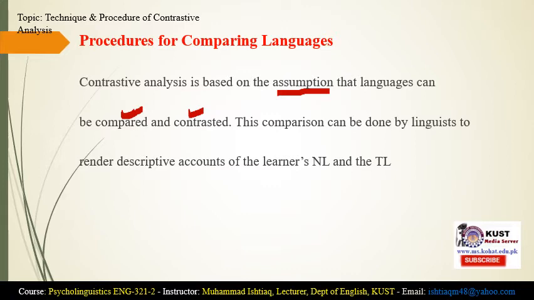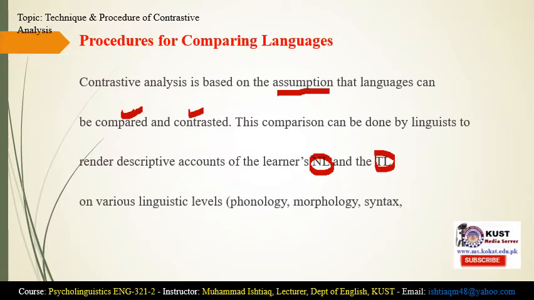To render descriptive accounts means to describe the learner's native language, mother tongue, and target language, means to describe both the languages that are to be compared. For instance, one of them must be his native language, the other must be the target language. Target language means it will be a second language or foreign language. Native language is actually his mother tongue.